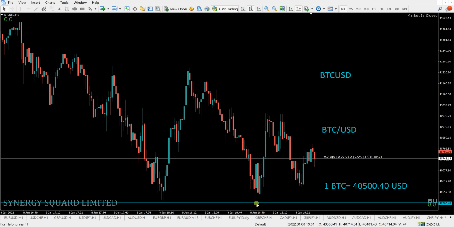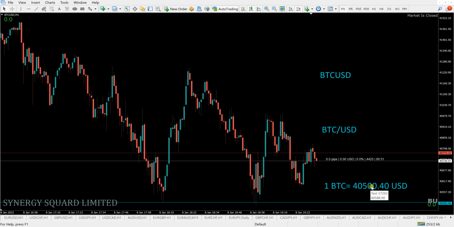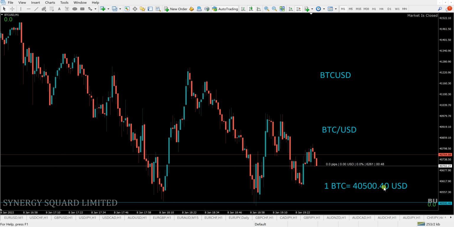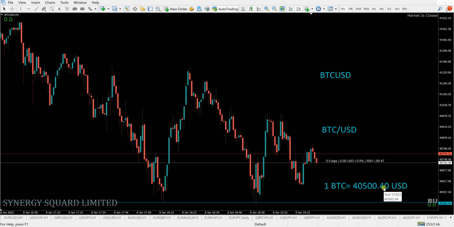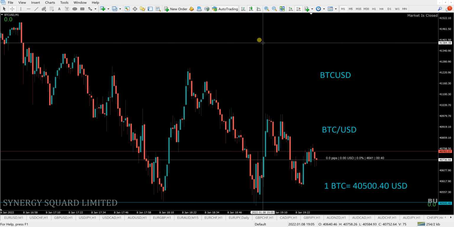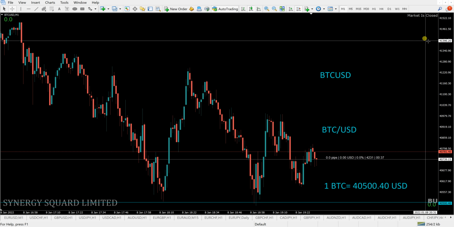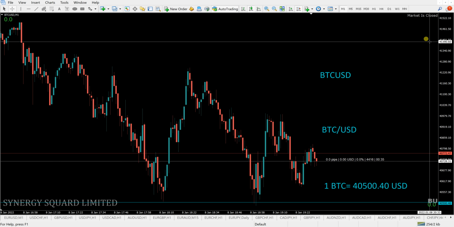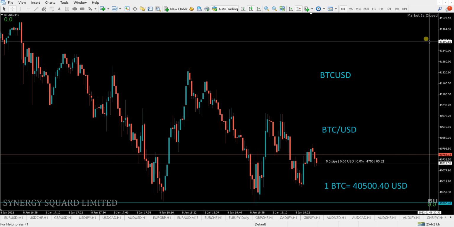As price got to this level, it simply means we will need $40,500.40 US dollars, 40 cents, to get 1 BTC. That is what it means here. And when price is at this other level, you check by the right, it simply means we need 41,390.60 US dollars to get 1 BTC.